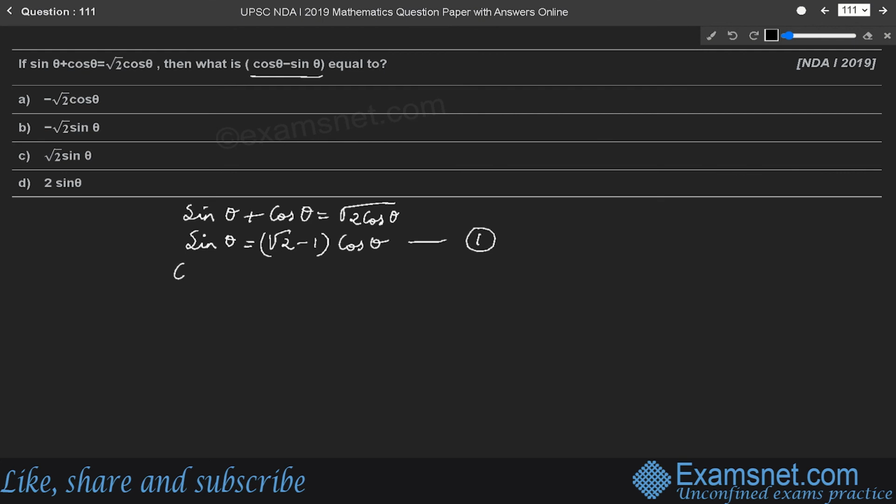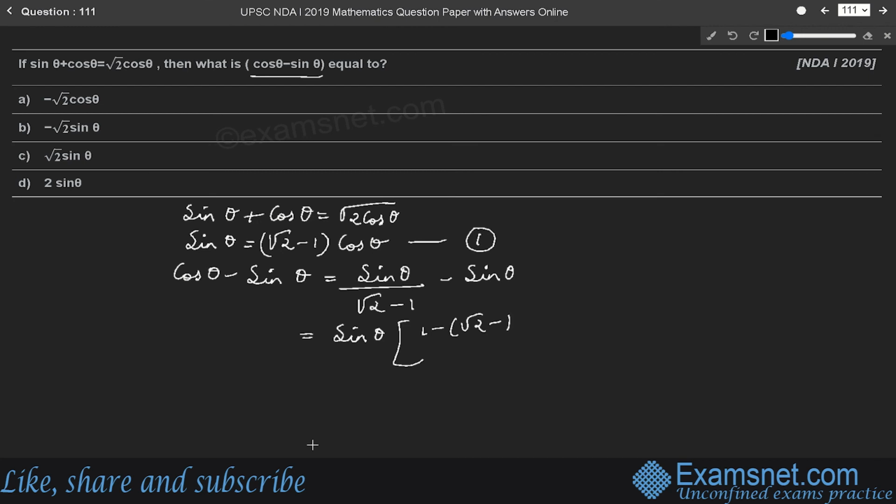We know that cos theta minus sin theta will be equal to sin theta upon under root 2 minus 1 minus sin theta, which will be equals to sin theta into 1 minus under root 2 minus 1 upon under root 2 minus 1.